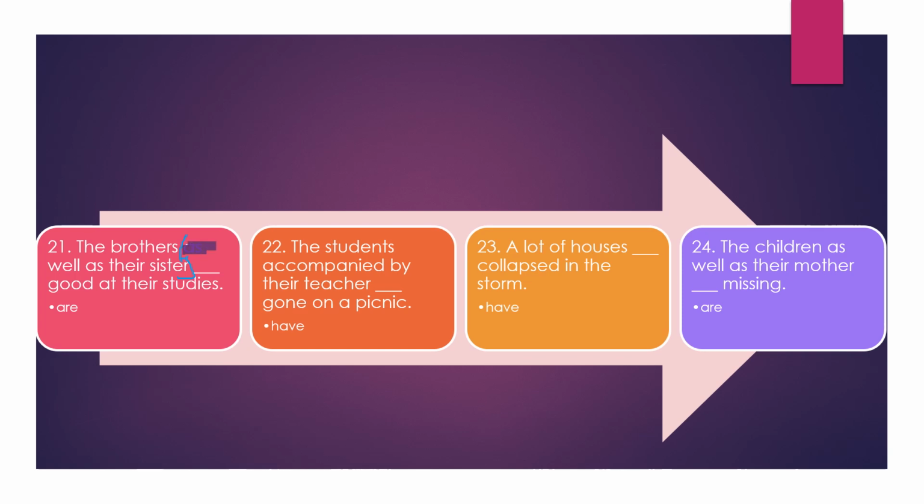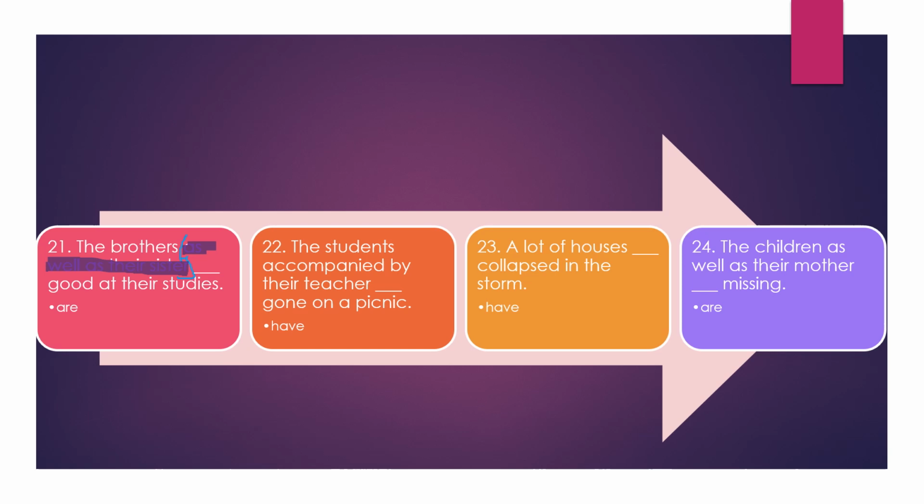This is ignored now, as well as their sister. So because this is to be ignored now, we'll notice the subject that is placed before these words like as well as, etc. So the brothers, plural, will take a plural verb. So the brothers are good at their studies, are good at.